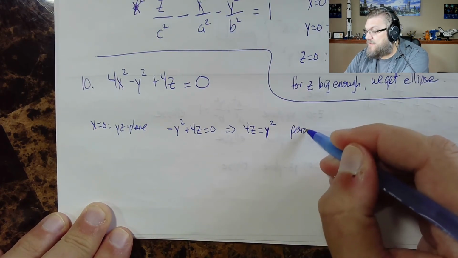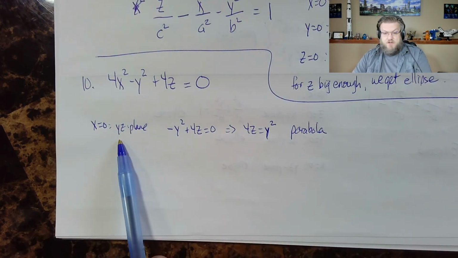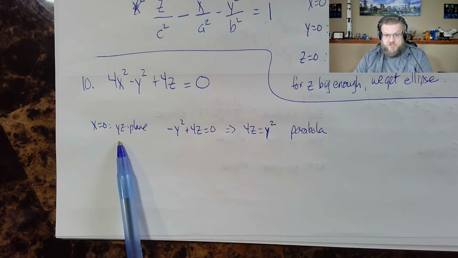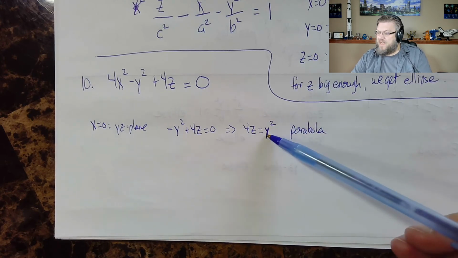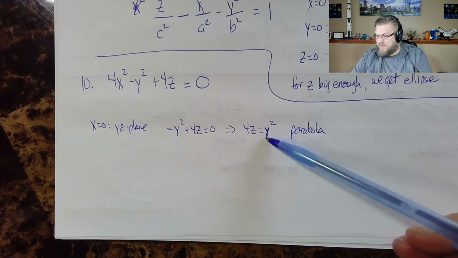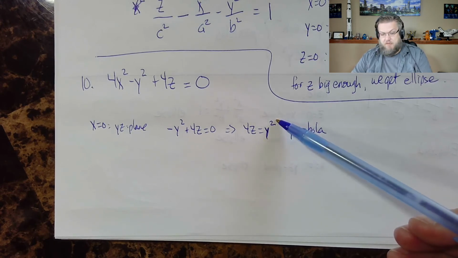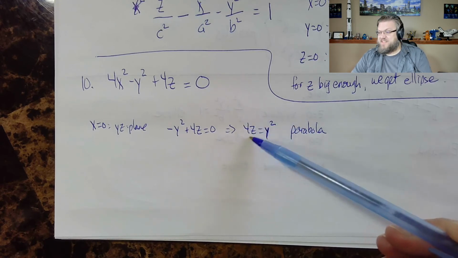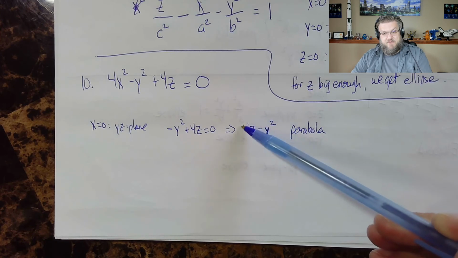So I get a parabola when I intersect this surface with the yz plane. And in fact, y can be positive or negative, but squaring y guarantees that this is positive. So that's also really good information here, right?